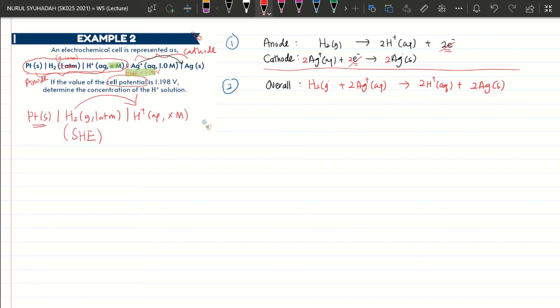So from this, we can see that the value of n is 2 electrons and our Q, please pay extra attention over here. Like I mentioned before, Q is product over reactant, and we will take gas and aqueous solution.